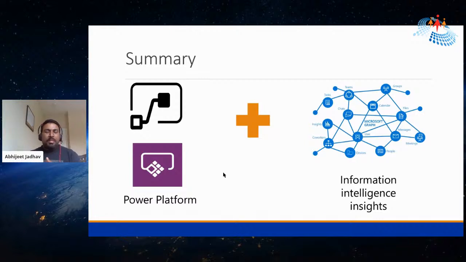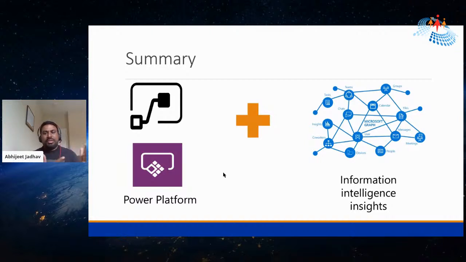By integrating Microsoft Graph API in Power Platform, you can automate many processes, like you can create a Teams channel, review the security, detect security threats and decide the actions which are required, or you can push the data to Outlook. So these are the different things you can do.